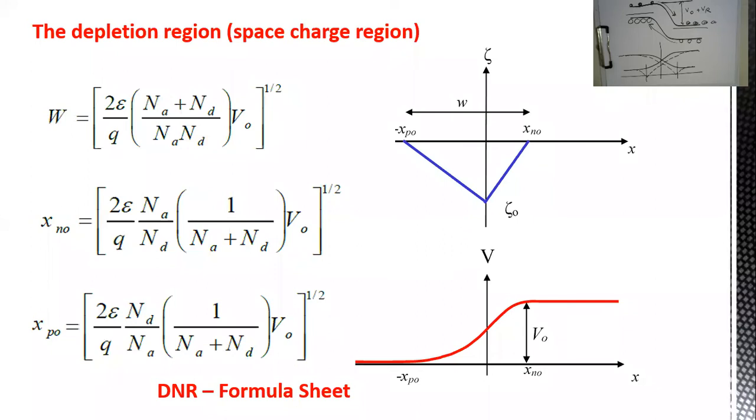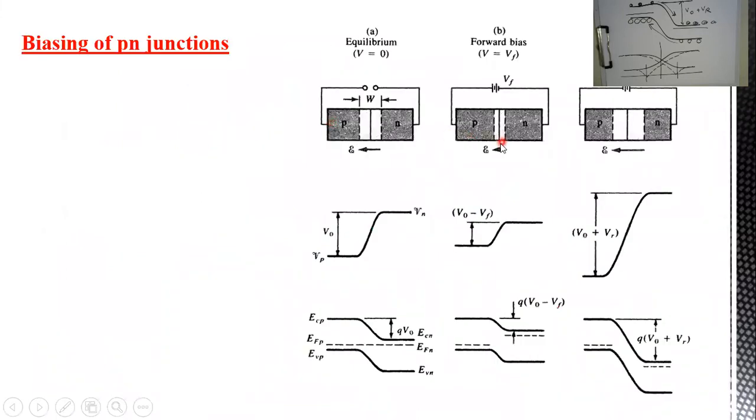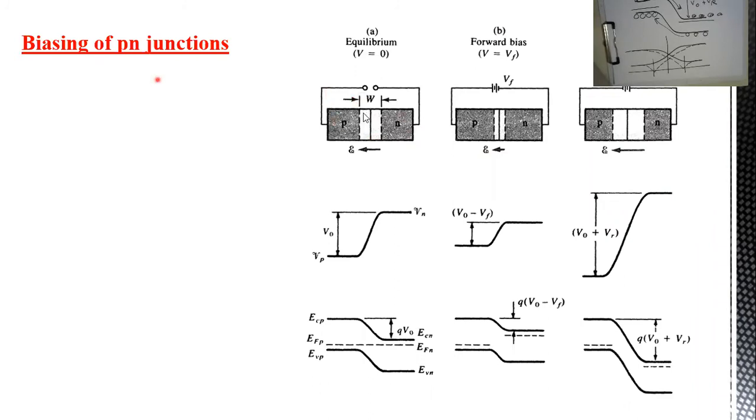So this is the presentation slide. Okay, so first, as you can see, here we have the three scenarios. This is the normal thermodynamic equilibrium where there is no voltage applied to the PN junction, and then you only have the built-in potential.